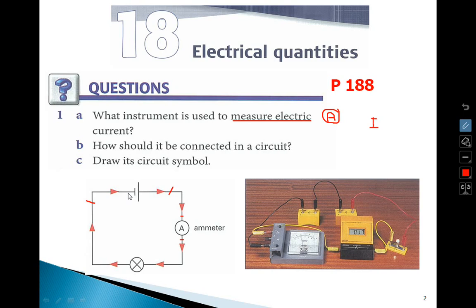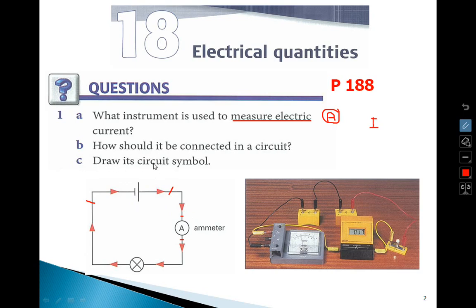The condition is that it must be in series with the source of voltage. So the positive part of the ammeter must be connected to the positive part of the power supply, and the minus part to the minus part.